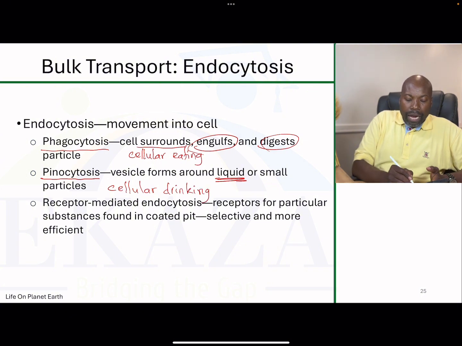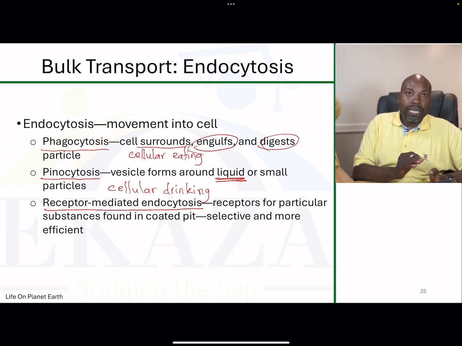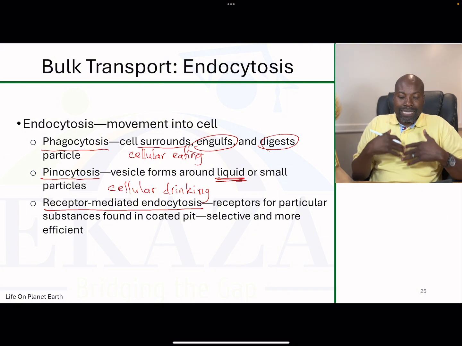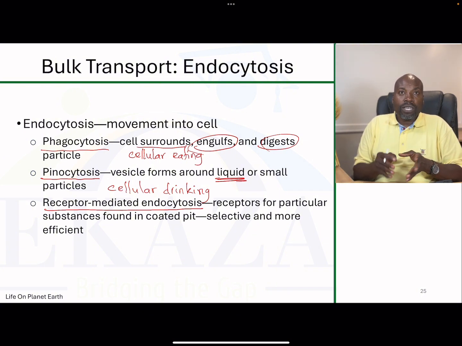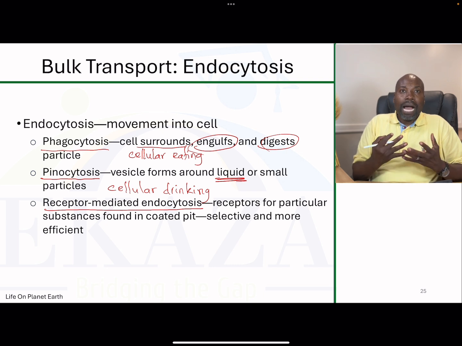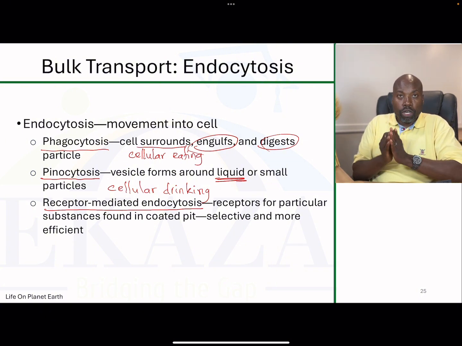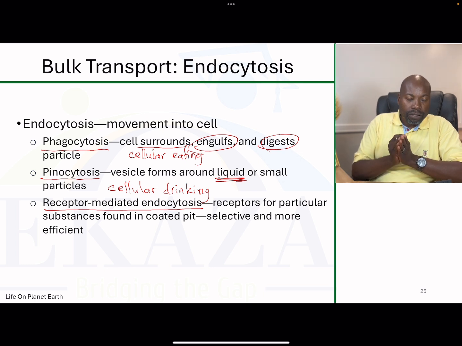Finally, we do have receptor-mediated endocytosis. In receptor-mediated endocytosis, on the surface of our cells, we have receptors. On these receptors, the cargo molecule is going to come and bind. For instance, how do we internalize our cholesterol? Well, we internalize cholesterol because cholesterol combines with some proteins forming a structure that we call chylomicrons, right?